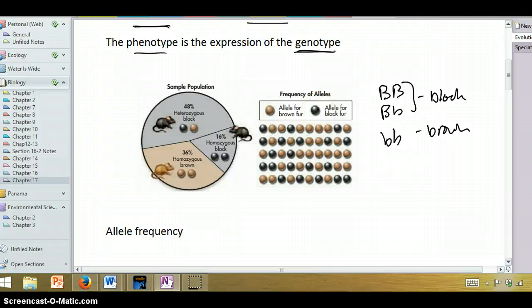So in this population, you can see we have a 10 by 5 grid. So there's essentially 50 alleles in the population.